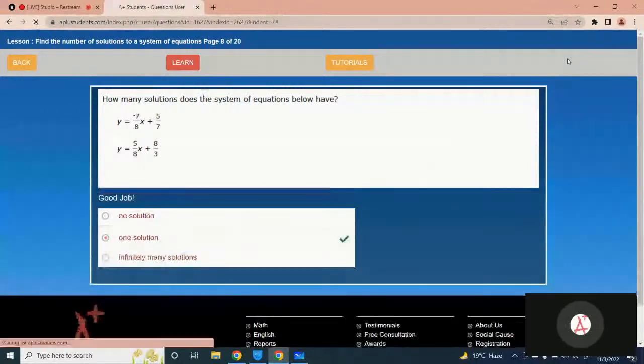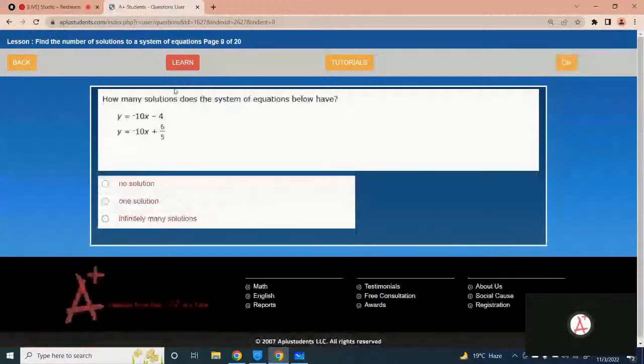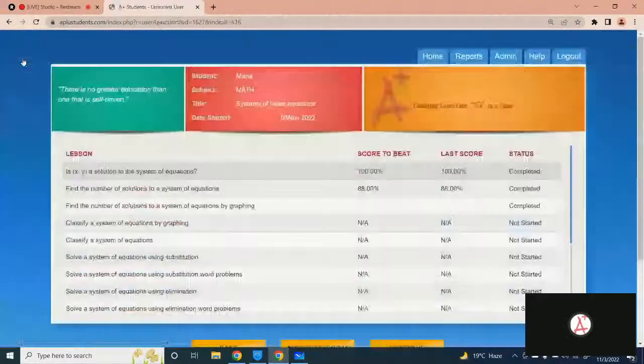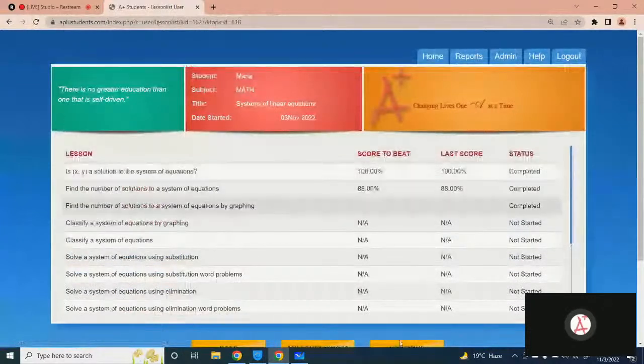Okay, you can complete the test by yourself later today. I'm just moving on to the next topic. And the next topic is find the number of solutions to a system of equations by graphing.